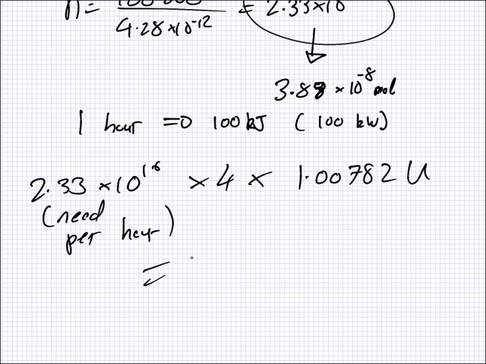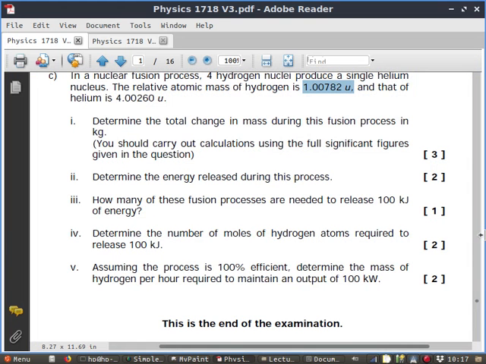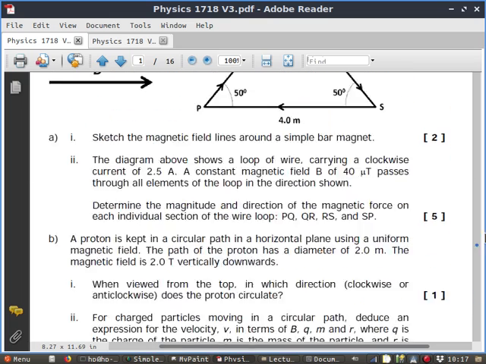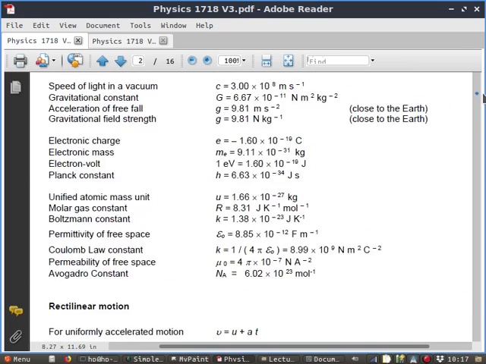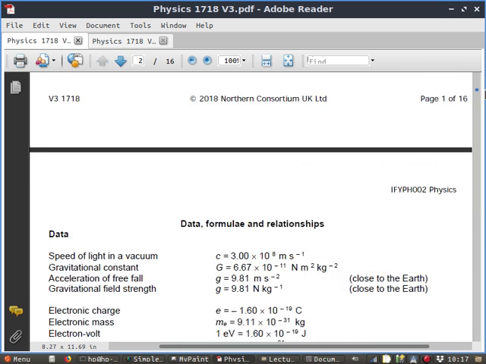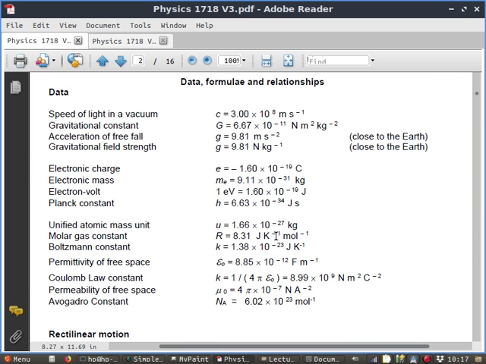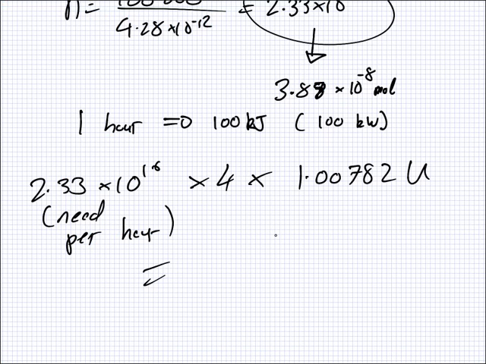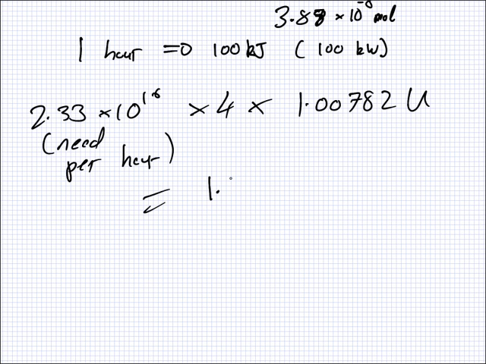What's U? 1.66 times 10 to the minus 27. So you would need 1.55 times 10 to the minus 10 kilograms.